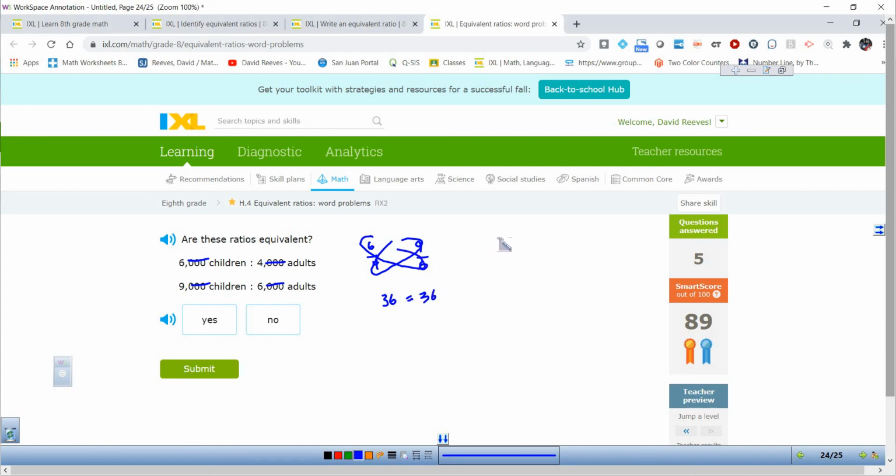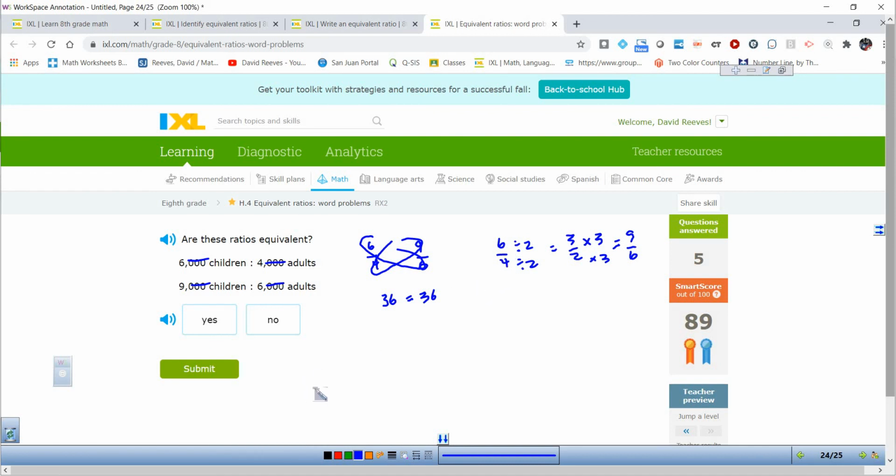That's a quick way we could have done it. We could have taken 6 over 4, and we could have divided both of those by 2, and we would have gotten 3 over 2. And then we know that if we multiply 3 by 3 and 2 by 3, what do we get? We get 9 over 6. That's another way we can confirm that it is yes, right?